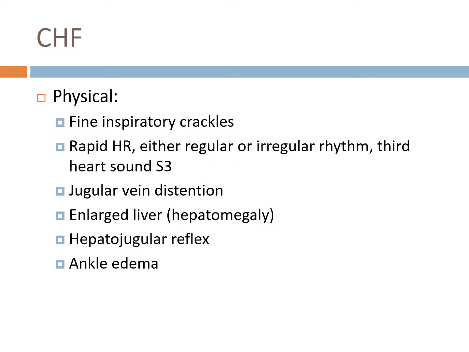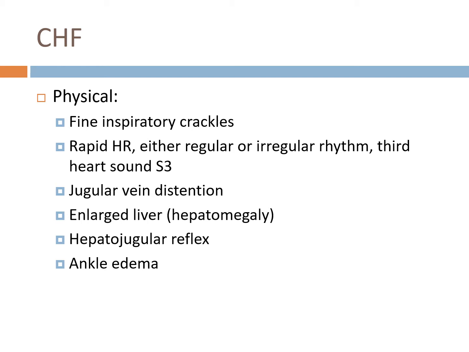So how is your patient going to present when they're in CHF? I mean, we have an X-ray to diagnose them, but we also have some other telltale signs. Generally they have fine inspiratory crackles. If they have a lot of fluid, they can have an audible tracheal wheeze.